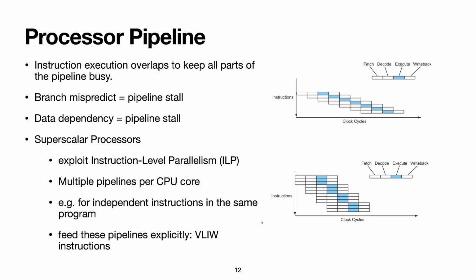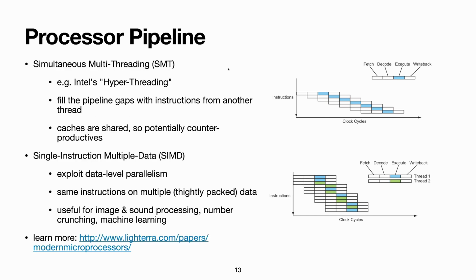You can basically think of it as having multiple pipelines on a single CPU core. There also exist some special instructions, VLIW instructions, so that's very long instruction words, and these let you emit instructions that will automatically fill these pipelines.